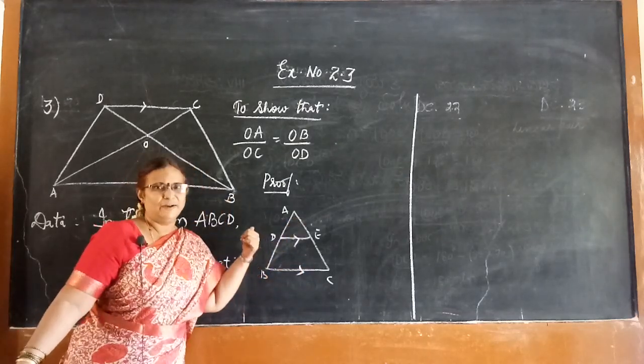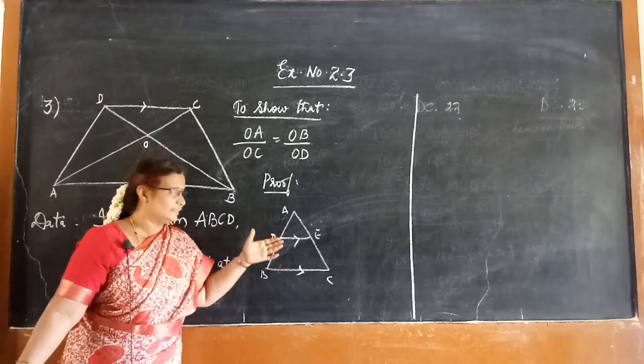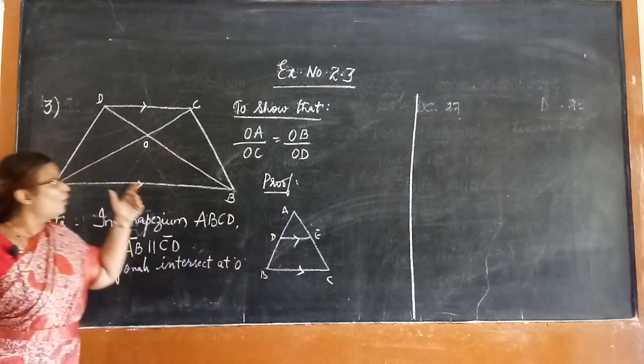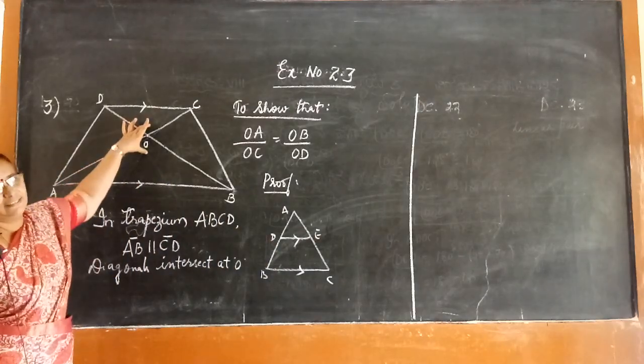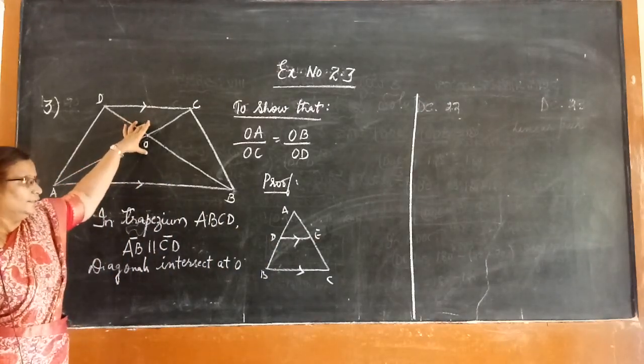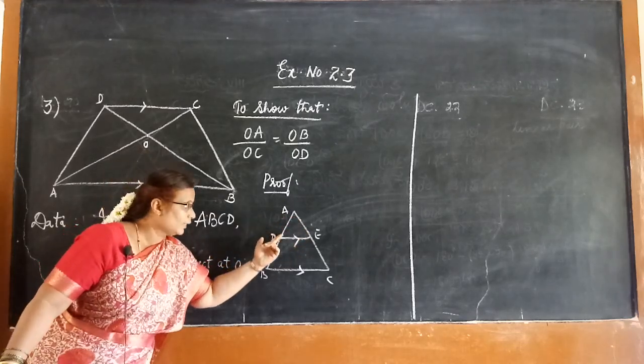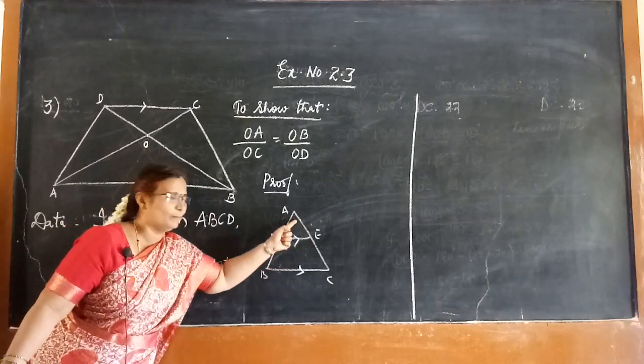Only two cases you will find. Most of the problems will be in these two ways. Either triangles this way, or inverted triangles. So if you get a triangle inside a triangle, then go for corresponding angles and a common angle.